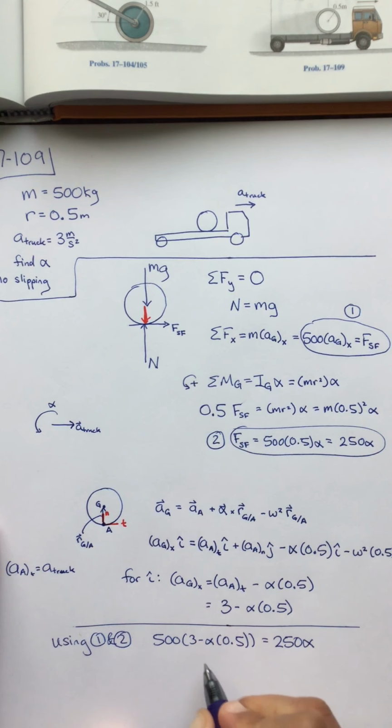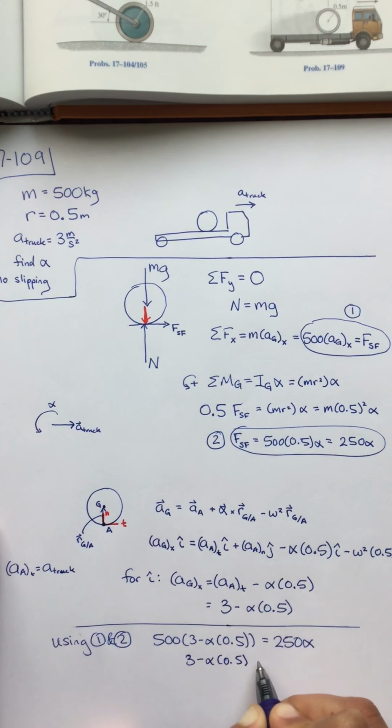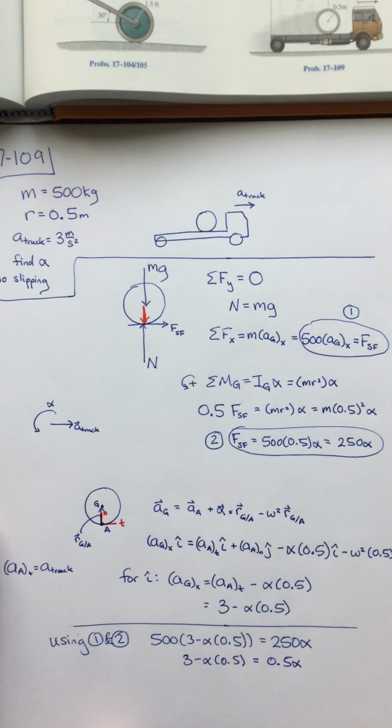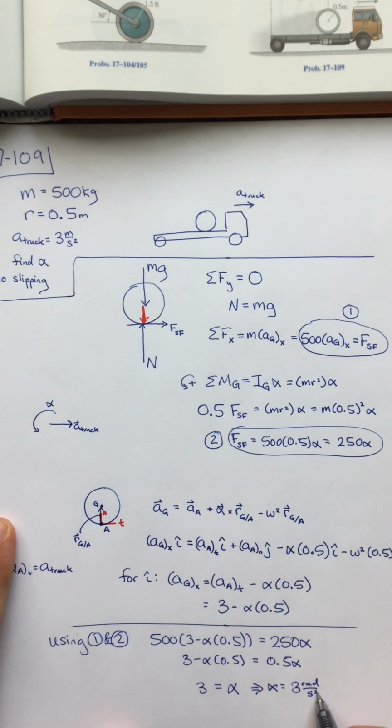So if I cancel out the mass on this side and this side, this would become 0.5 again. And then I can solve for the angular acceleration. So I bring this over to the other side, and I have 3 is equal to the angular acceleration. Well, that would be, putting my units back in, 3 radians per second squared.